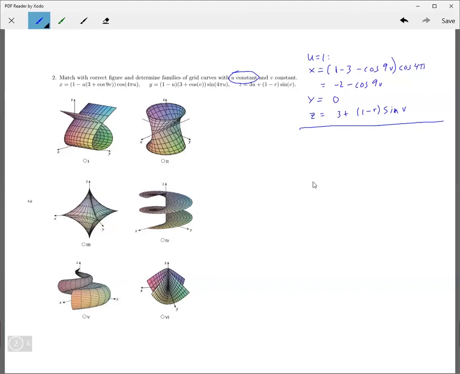A circle of radius modulus of u in the horizontal plane. What? Okay, so it's not going to be in the horizontal plane because the horizontal plane would just be x and y, right? But this has a z component. And then the other option, each grid curve is a helix.